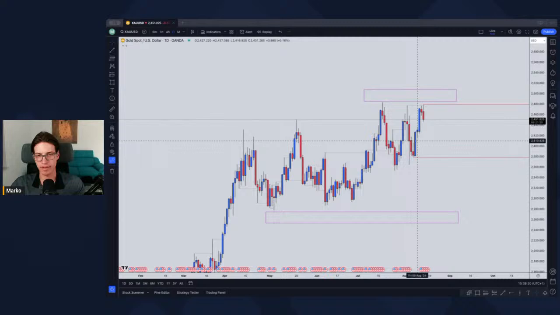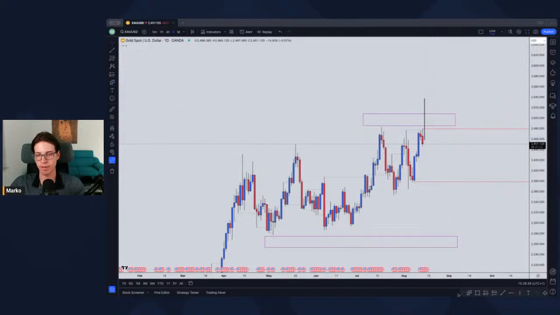Until we break the highs or the lows, for me this is just a no man's land, and I do not really have a bias. But as far as I can see, we're hovering around the highs and putting some pressure on them. So maybe this can have a nice bullish breakout.